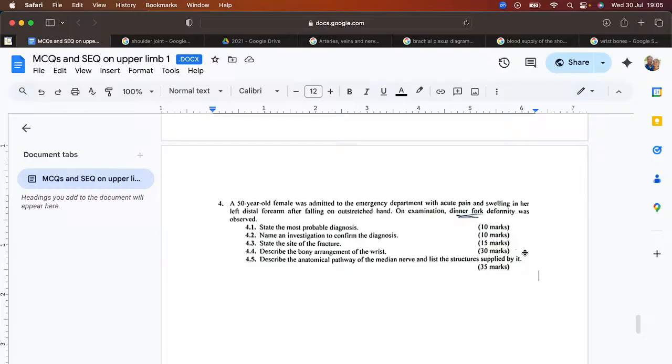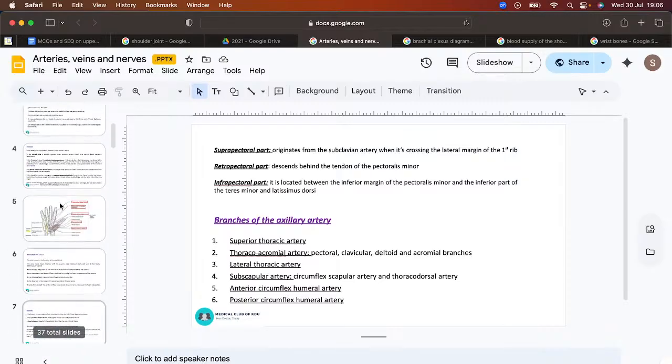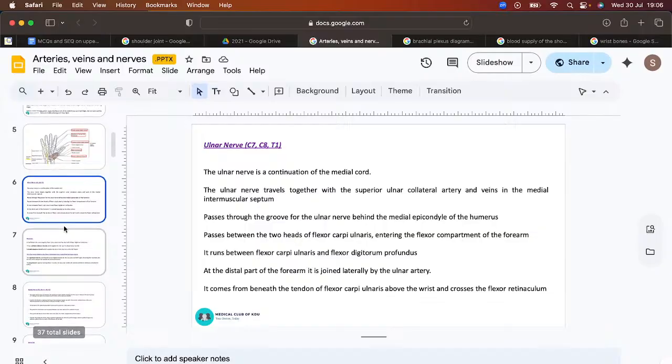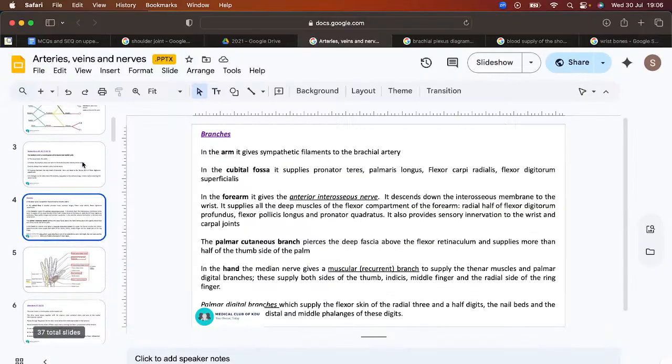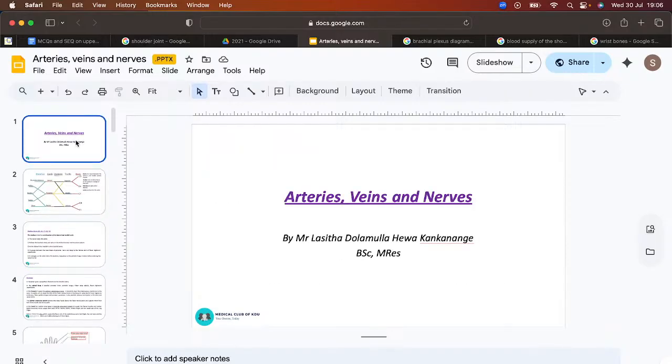Describe the anatomical pathway of the median nerve and list the structures supplied by it. Okay, so this is where we're going to go to my lecture notes, which I think you should have already. It should be there already in your group, so you can go through this.